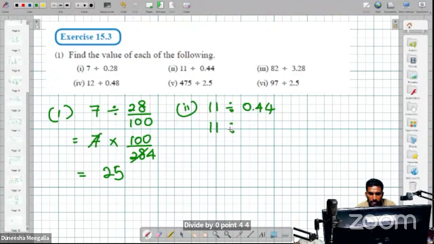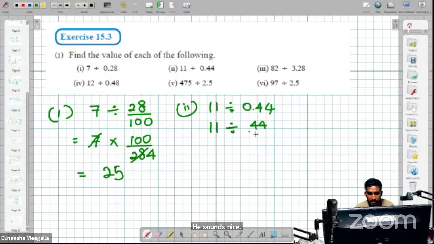How do we write 0.44 as a fraction? 44 divided by which number? 100.